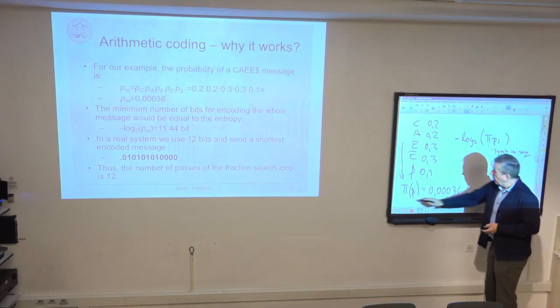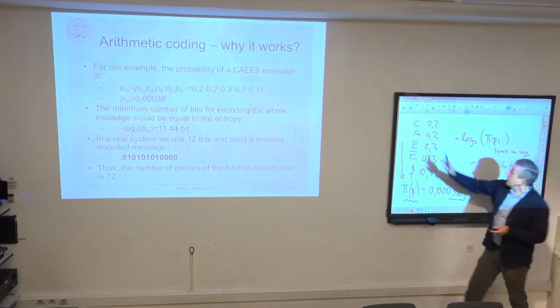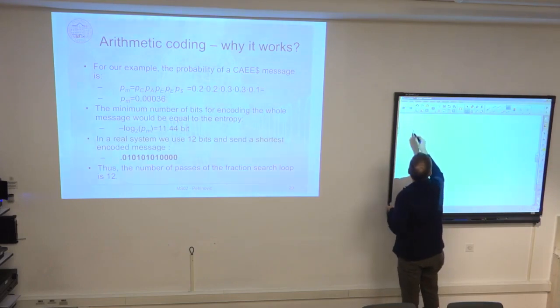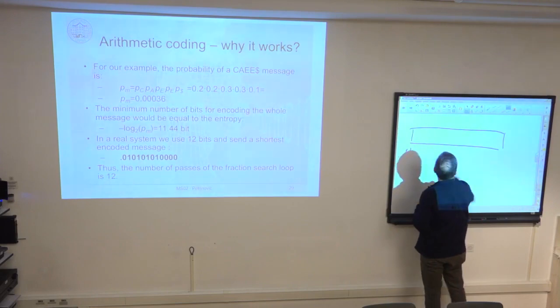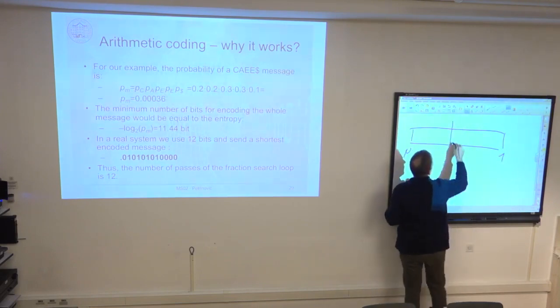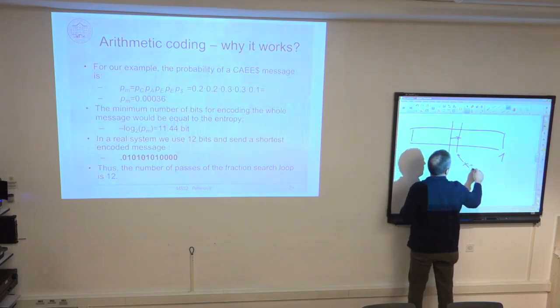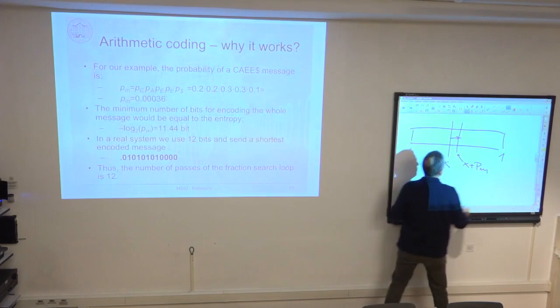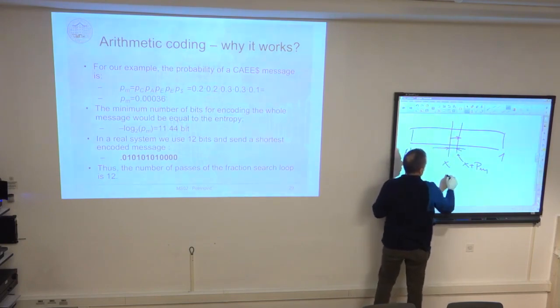So, for example, I know that this is the probability of the whole message. Now, if I take the total probability, 0 to 1, and I take any value x here, and take x plus the probability of the message, Pm, this interval's width is of course Pm.